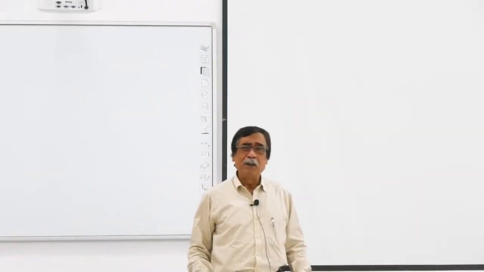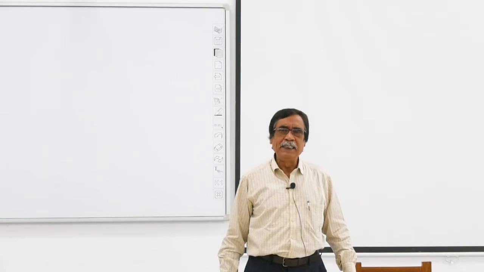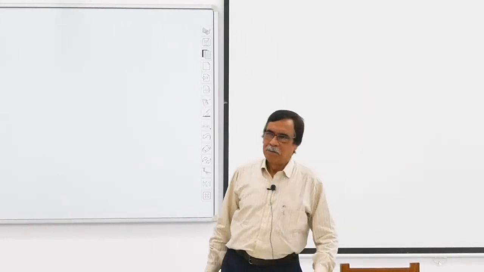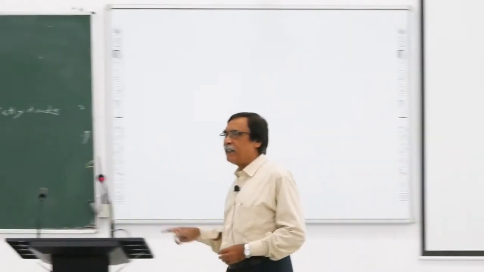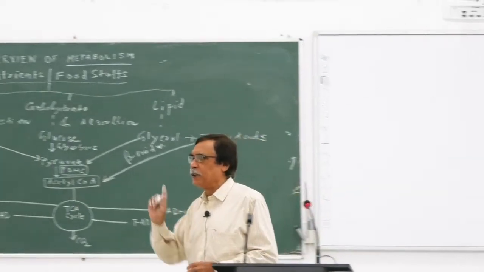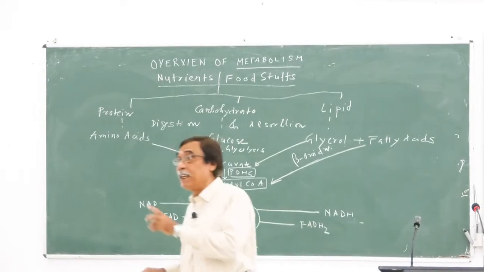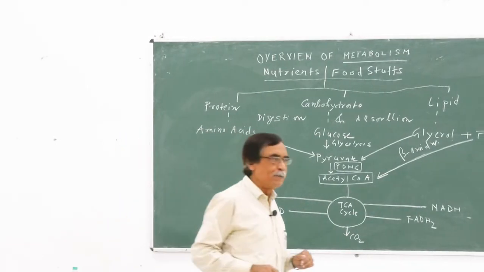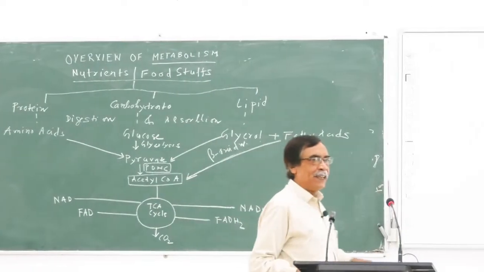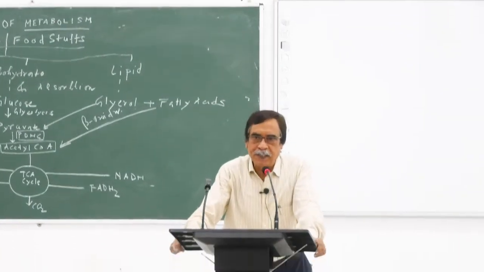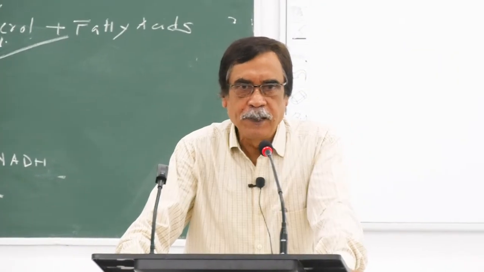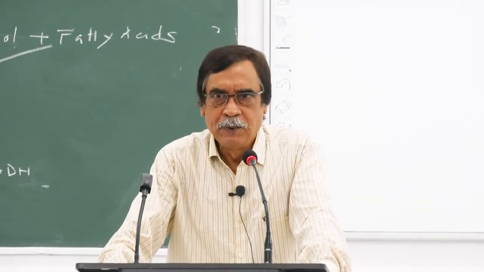But there are lots of differences between NADH and NADPH in terms of function. The purpose of the NADH is to produce energy. The purpose of the NADPH is the biosynthesis of fatty acid, cholesterol, glutathione, and many more biomolecules.